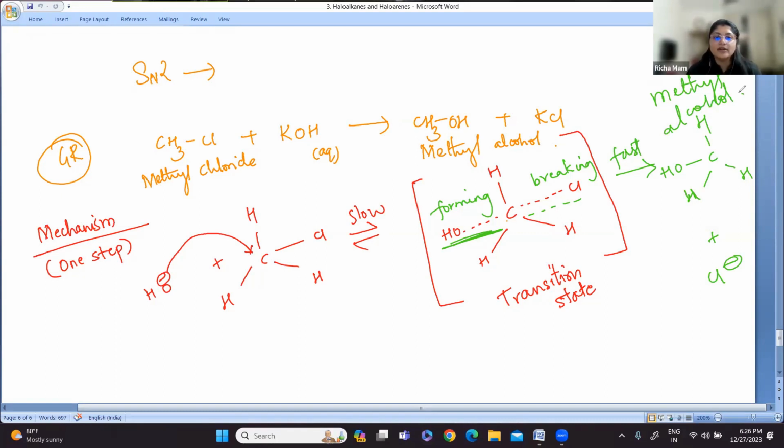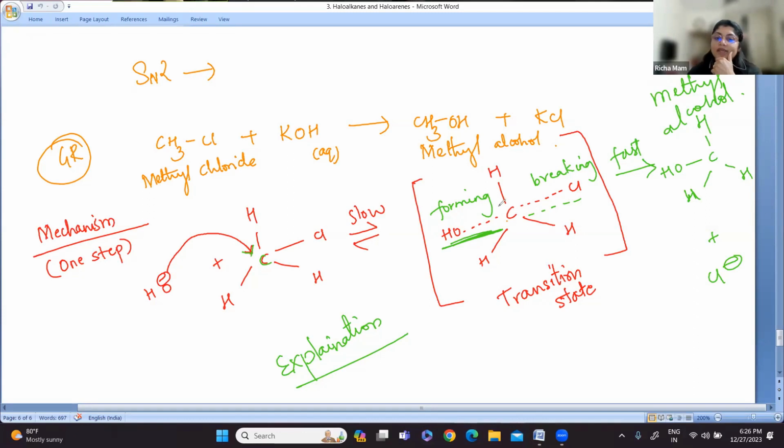So what is important here? The general reaction, then this mechanism, and the explanation. The explanation must be there. So what should the explanation be? The nucleophile OH minus is attacking from the rear side of the electron deficient carbon, and it is undergoing a transition state where the HOC bond is forming and the CCl bond is breaking.